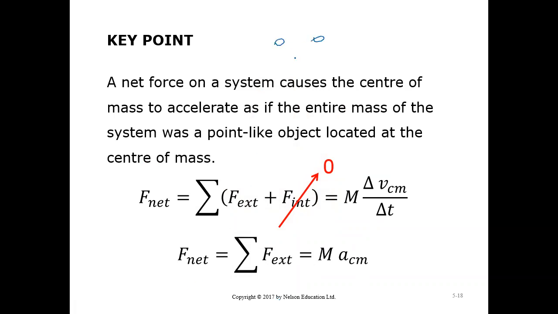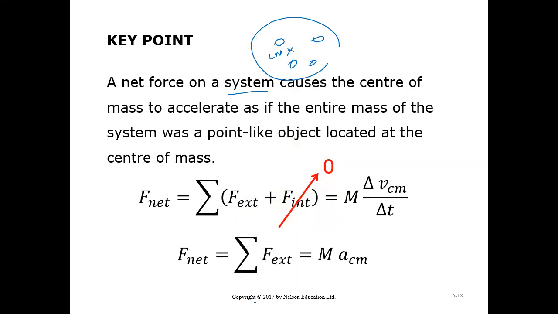Let me just make it clear. Let's say we have a system, a collection of many objects, M1, M2, M3. Then its center of mass will be somewhere, let's say it's here, the center of mass. So when a net force acts on the system, there will be forces acting on one of them, or forces acting on different objects, many forces.